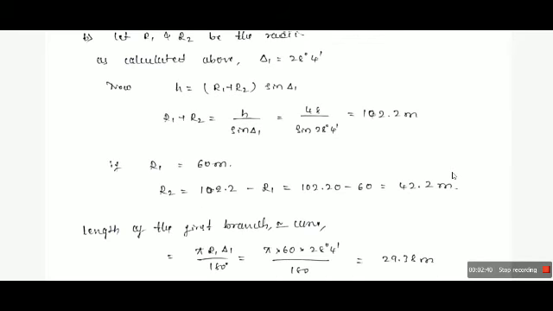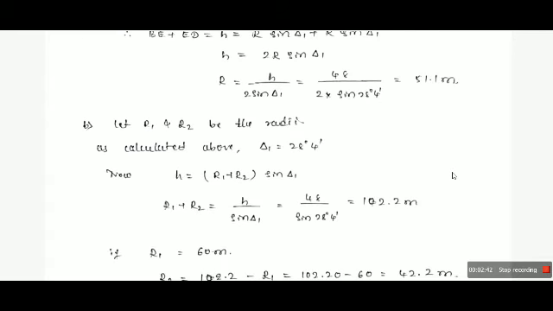Now, coming to the second part of the problem. Here, R1 and R2 are two different radii. In this case, delta 1 is already calculated in the first part, that is 28 degrees 4 minutes. Now the h formula will change because of two different radii: h is equal to (R1 plus R2) sine delta 1.